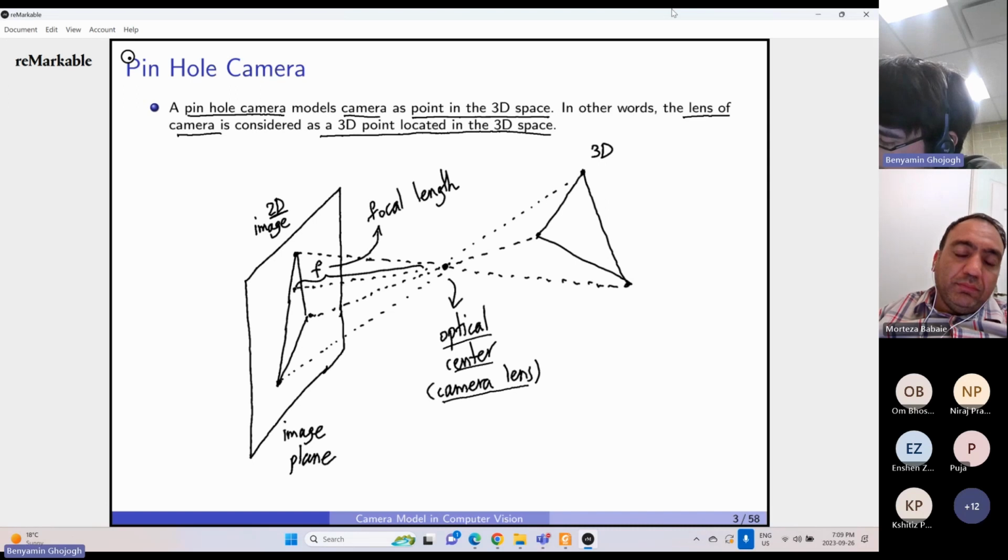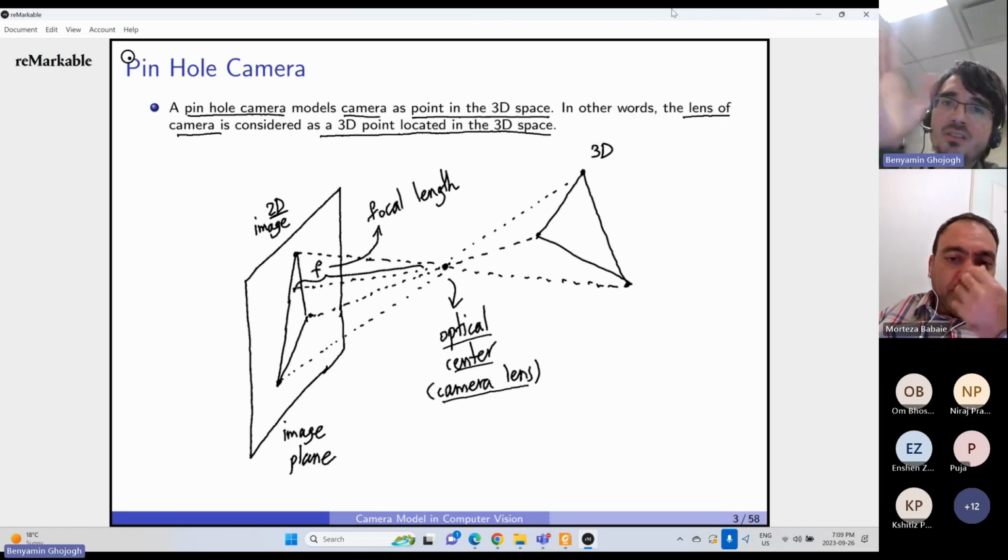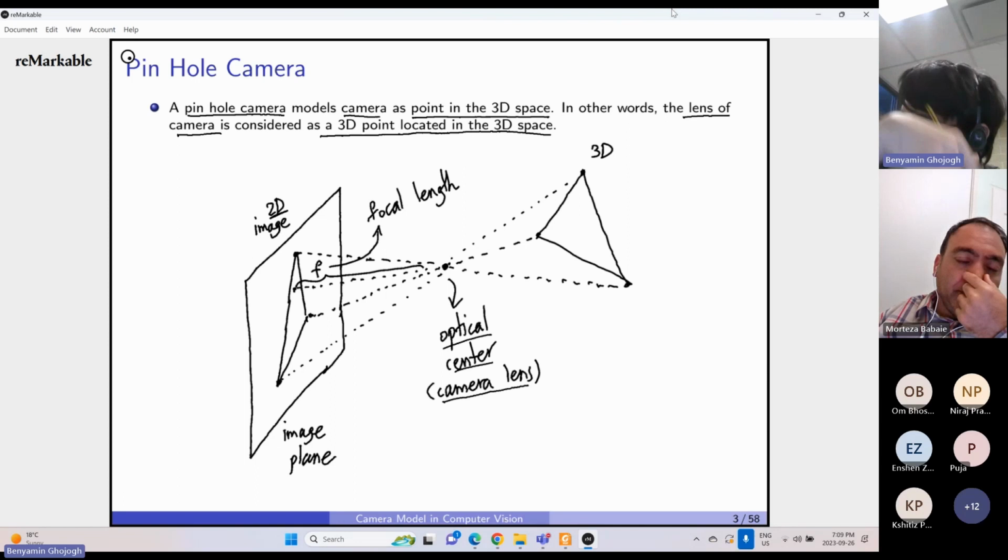Also, as you see, the projected object needs to be flipped twice, once in this direction, then once in this direction, if you see my hand. The distance between the camera lens and the negative or the image plane is the focal length. We denote it by F.